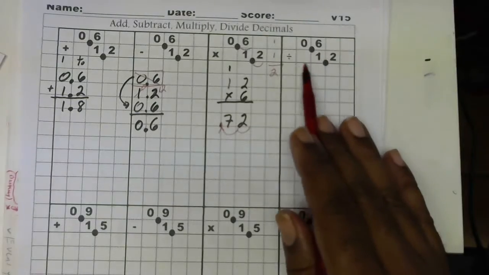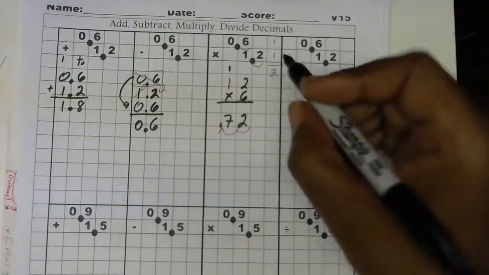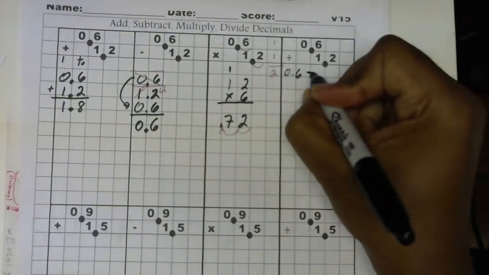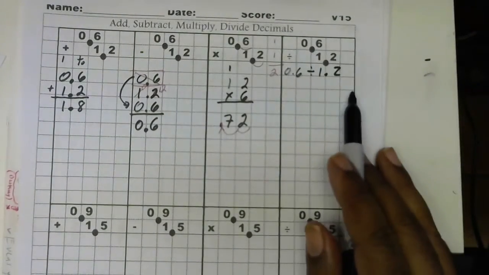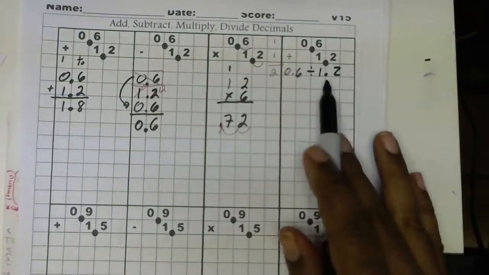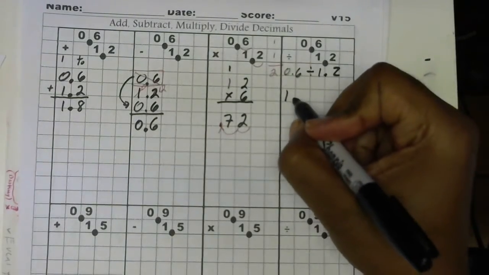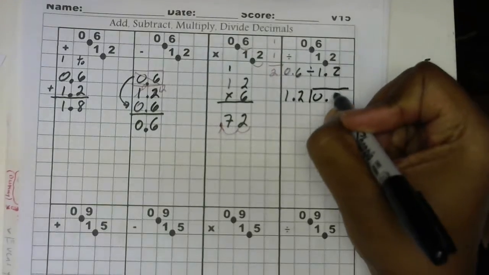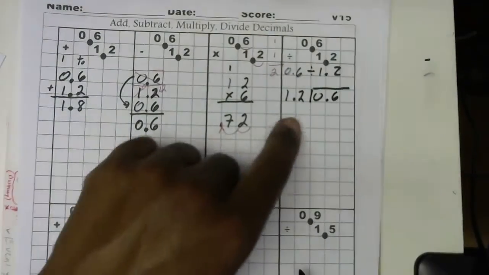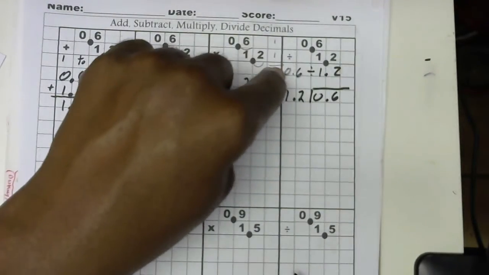Okay, now this right here is a 0.6 divided by a 1.2. Remember, you do a keep change flip, so we're going to do a flip here, and we're going to put the 1.2 here and the 0.6 there. Okay, you always flip it when you're doing division. Okay.